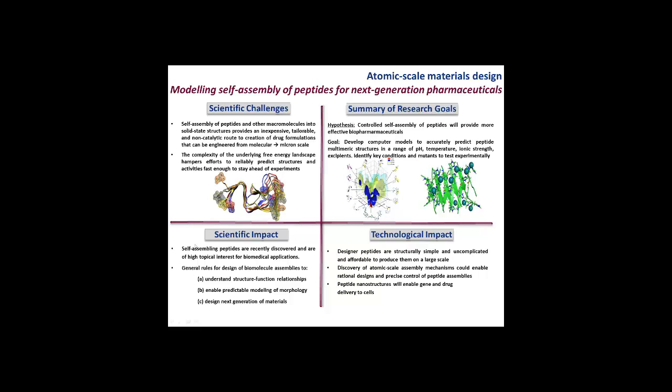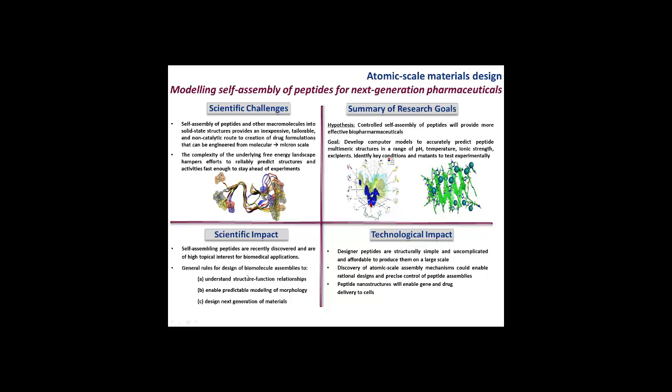So if it works, then the scientific impact is that we learn more about how peptides self-assemble, which is highly topical of interest for biomedical applications, for pharma applications, and then use those general design rules that we extract from simulations to understand structure-function relations from existing experimental data from our group and from collaborators outside of SSPC, and use that then to enable predictive modeling of morphology.